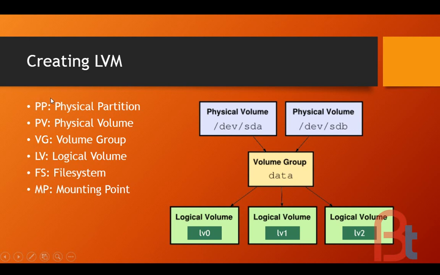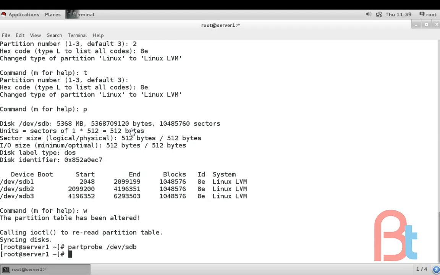Now we have the physical partitions we have just created, and now we will convert these physical partitions into physical volumes. For converting, just type the command pvcreate, then the path of the partition, /dev/sdb1, 2 and 3.